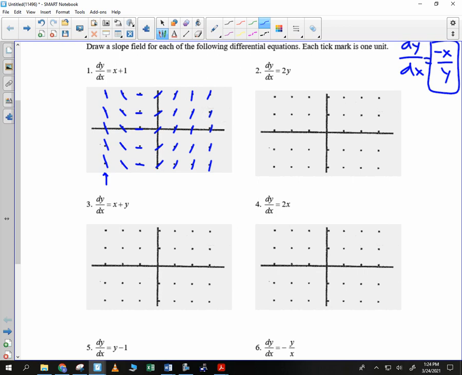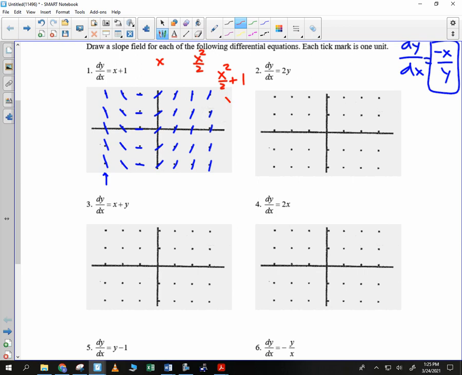Now I'm going to try to help you have a little bit of context for what this is. It's challenging to think about, and it's challenging in terms of the application, but I just want you to think of this for a second, okay? What is the antiderivative of x? X squared over 2. Everybody agree if I take the derivative of x squared over 2, I get x? Do you also agree that the derivative of x squared over 2 plus 1 is also x?